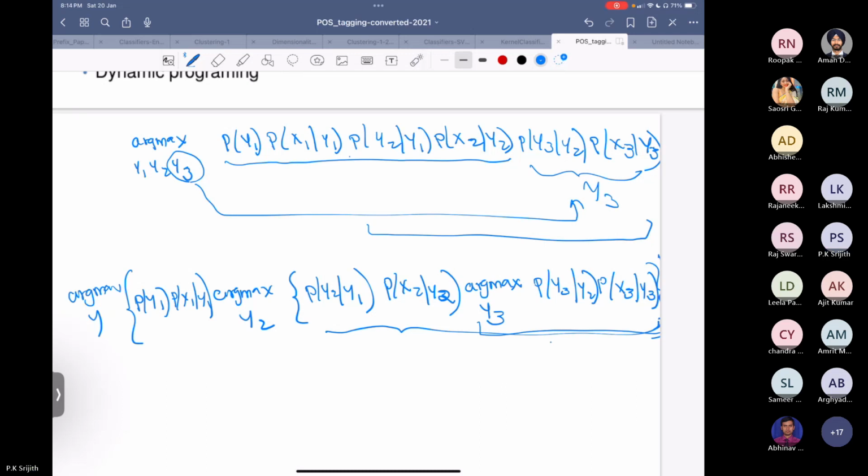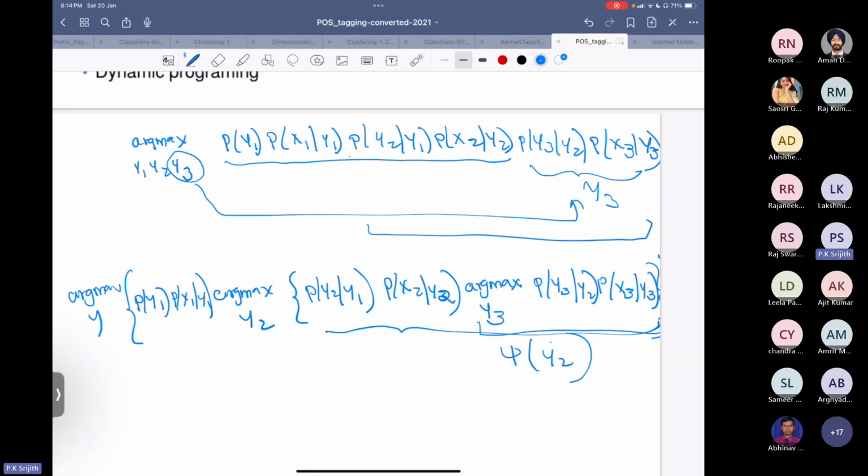This is now just going to be a function of y2. You can write it as something like psi of y2, right? For different values of y2, you can find out what is the value of y3 which maximizes p of y3 given y2 into p of x3 given y3.